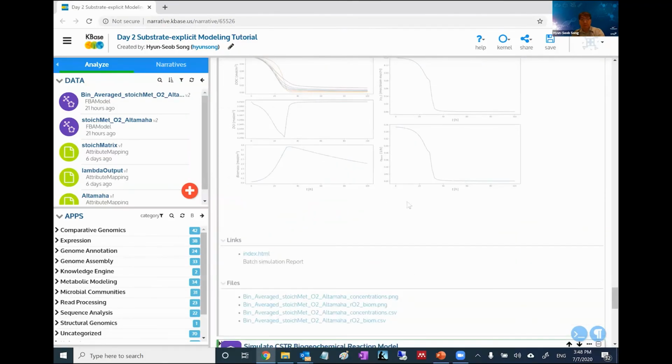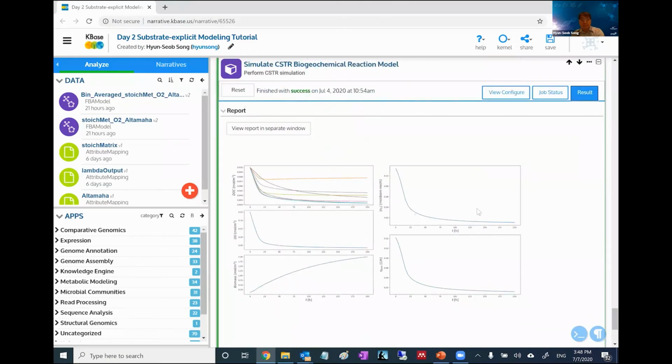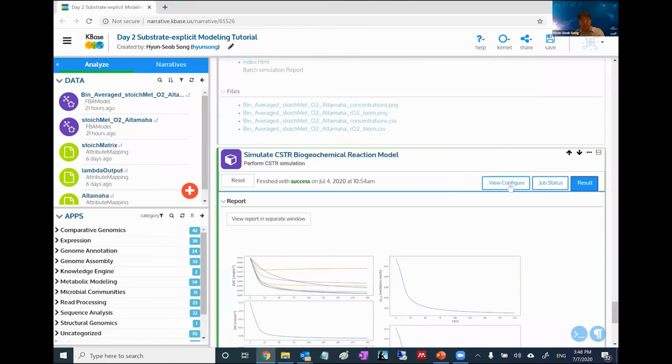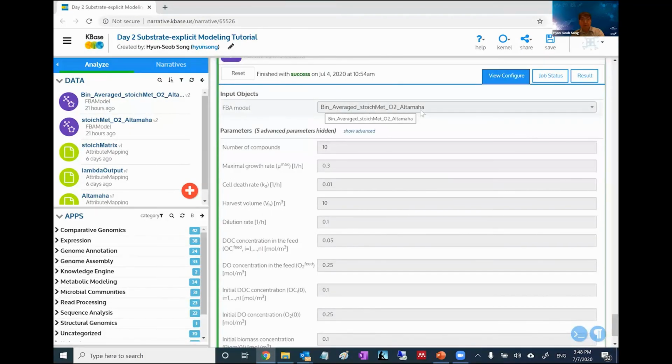You can compare the results between the two cases. The same thing here for the CSTR comparison, because now I've taken the bean-averaged molecular formulas for the simulation as representative compounds.